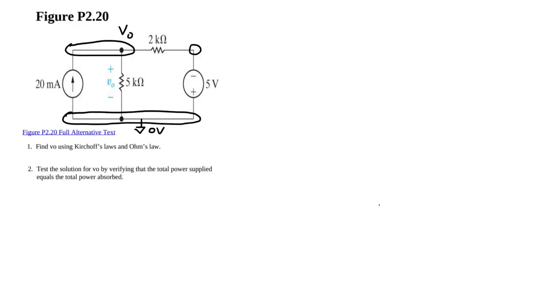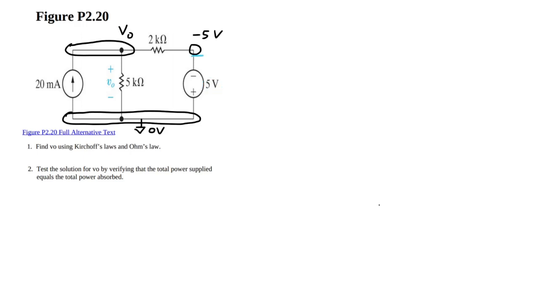So anyway, this will mean that it's 5 volts right here. That means it has to be minus 5 volts over here. Now, why minus 5 volts? It's because if this is the positive terminal, this is the negative terminal, and you consider the top terminal to be 0, in order for this to be actually 5 volts, then it would have to be minus 5 volts on the bottom side.